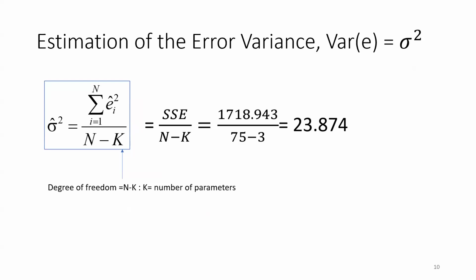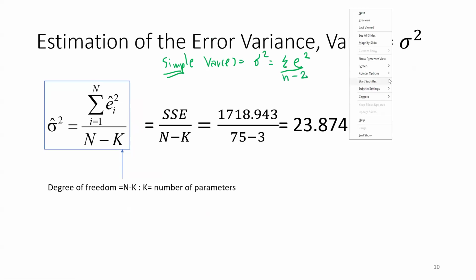Second, the variance formula. In simple linear regression, the variance of error equals sigma error squared over n minus 2.